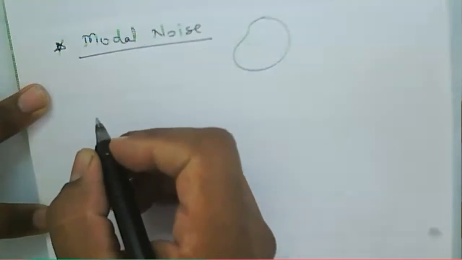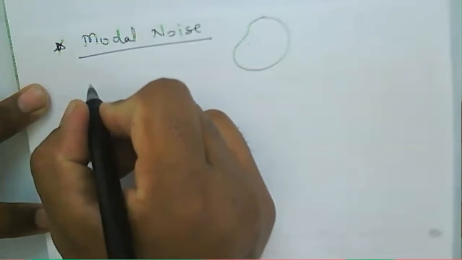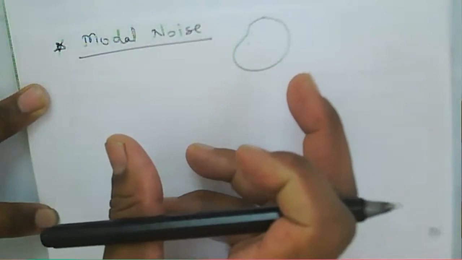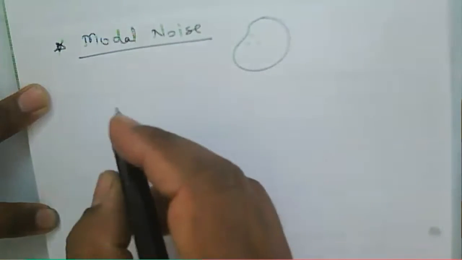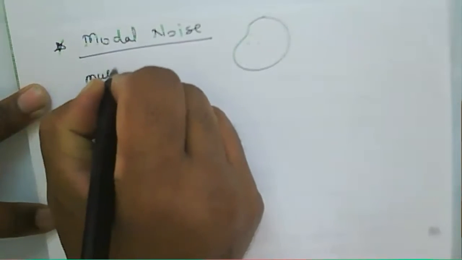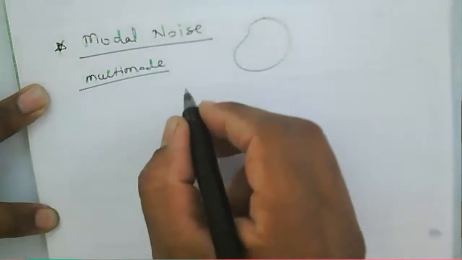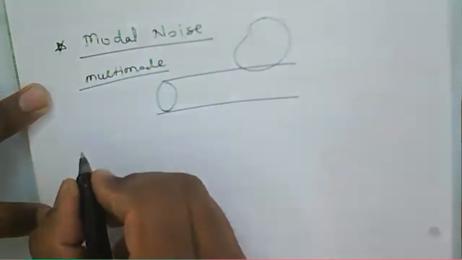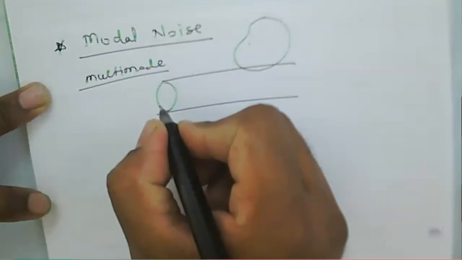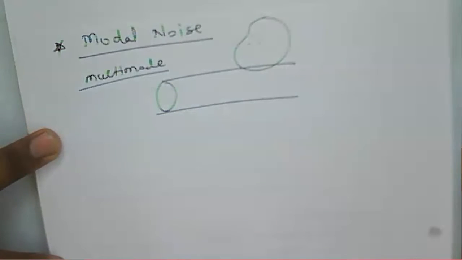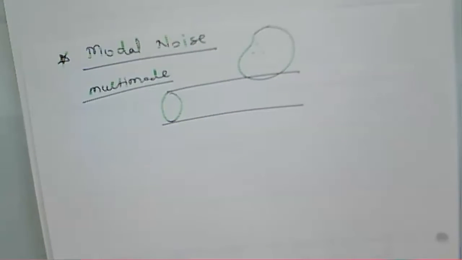Why are these speckle patterns formed inside a multimode fiber? Because when we consider a multimode fiber, and light is launched inside the fiber, at the interference of the given modes, whichever source we are using, that source has a coherence time greater than the intermodal dispersion time within the fiber.